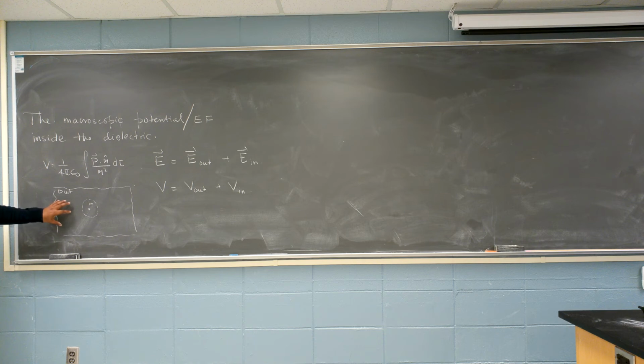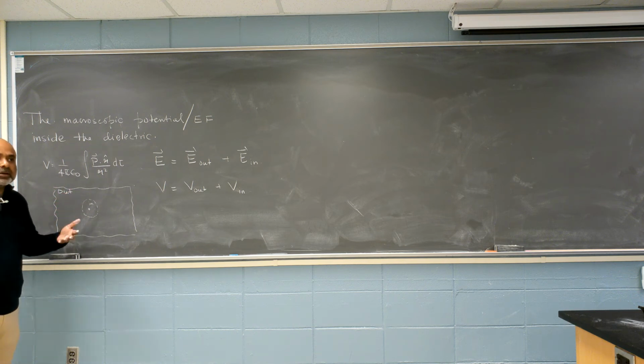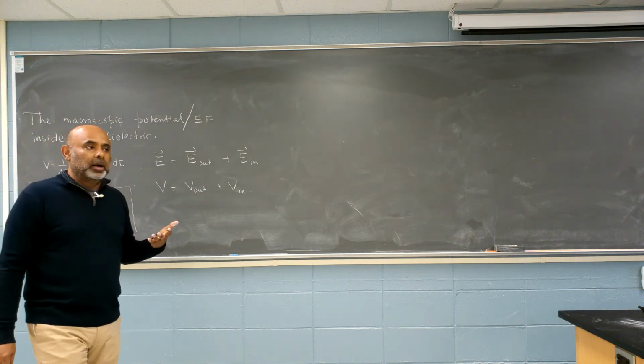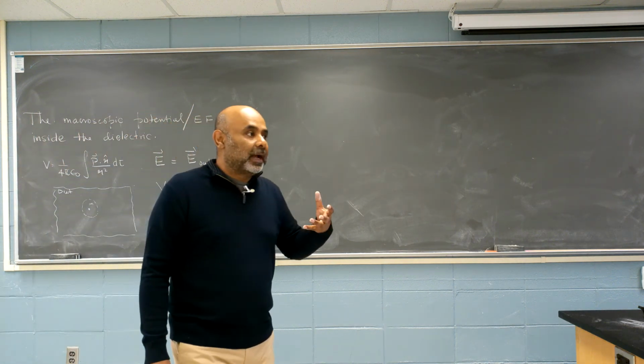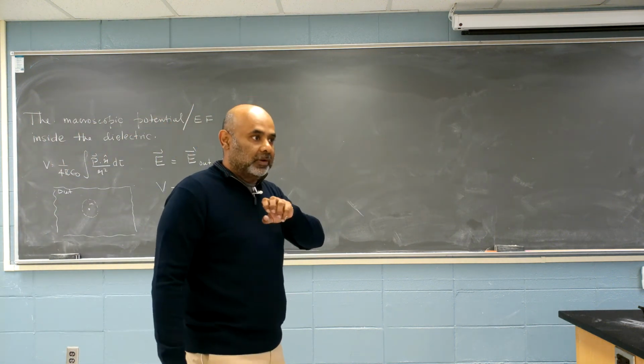When I say E out, I mean the electric field produced by all the dipoles outside. When I say V out, I mean the potential produced by all the dipoles outside. Obviously, E in and V in mean the electric field and the potential produced by the dipoles in my little sphere.